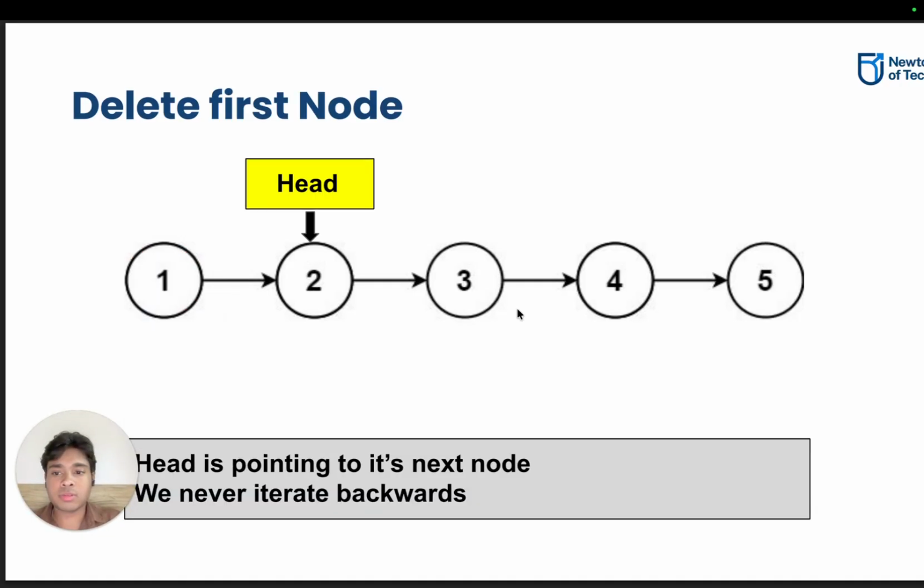So head is pointed to the next node, that is 2. We never iterate backward. In a singly linked list, we never iterate backward, we always iterate on the front side only.